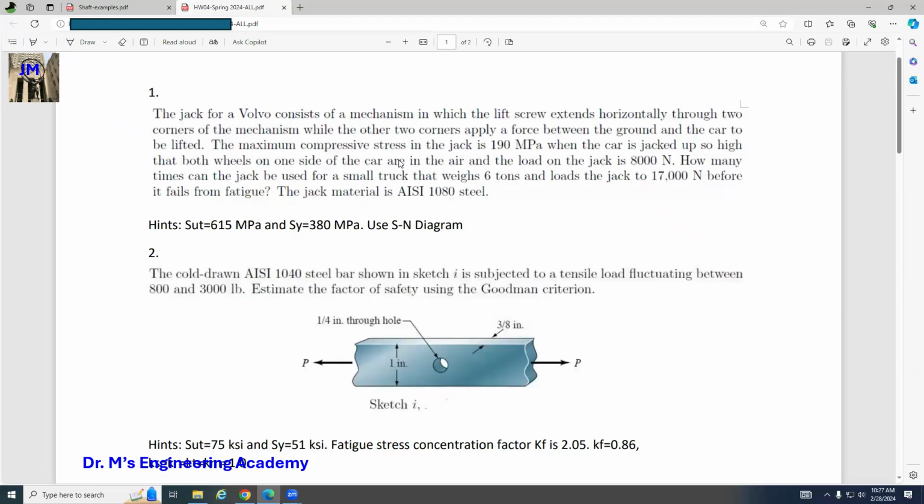SN diagram means that this is my straight line. So here is 10⁻³ and SL prime. Here is 10⁻⁶ and SE prime. So these two independent points describe my straight line.